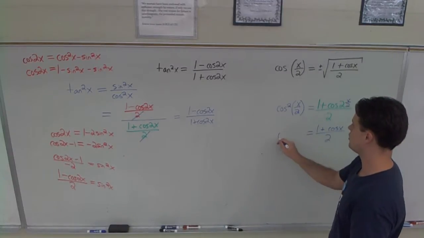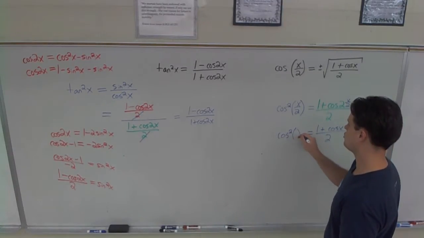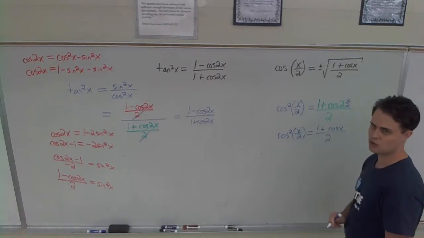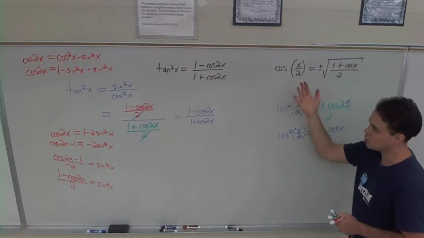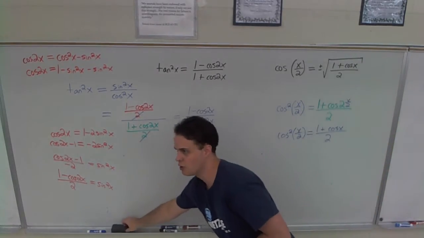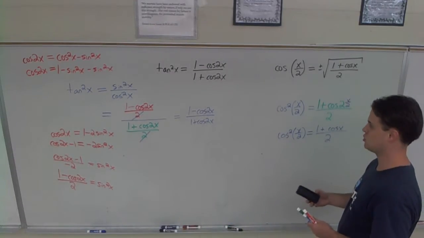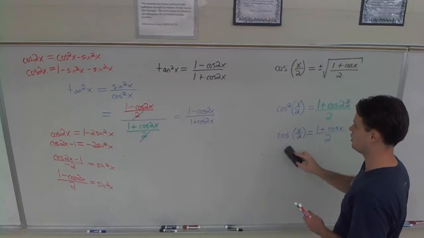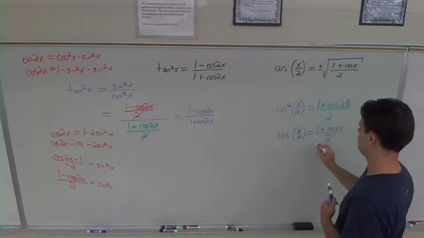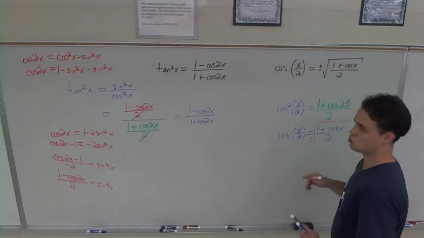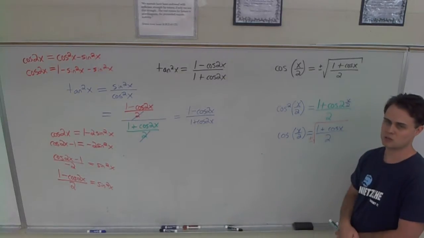So if cosine squared of x over 2 is that stuff, and you want the cosine without the squared, you can treat this like an equation pretty much and square root both sides so that you get that. If you square root both sides, you got to put a plus or minus.